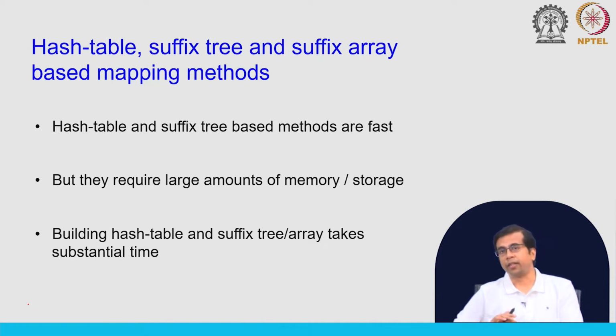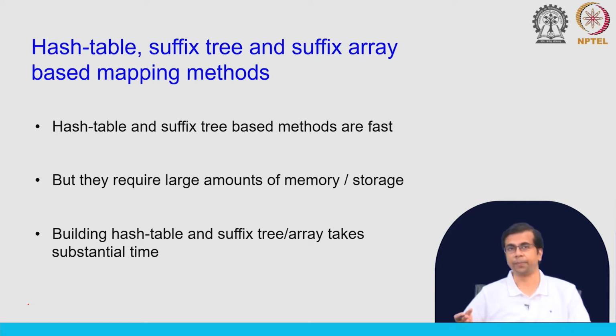The other disadvantage is that building these data structures takes quite a bit of time. For the hash table, you have to extract those seeds, represent them as keys and then also store the values, and all that takes time. Similarly, building the suffix tree structure also takes quite a bit of time.